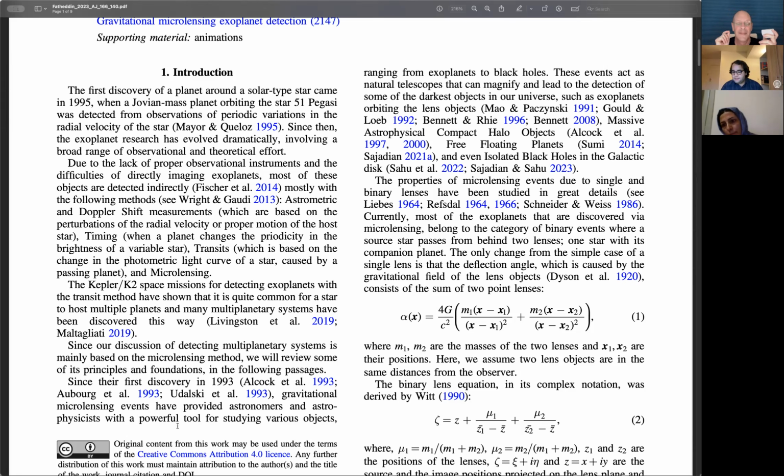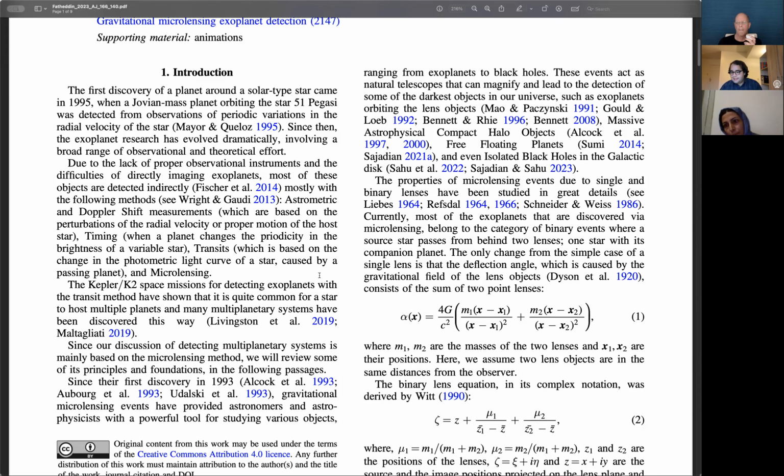So a multiplanetary system can consist of a minimum of 2 planets. And that's why we focus on the triple lens configurations of a planetary system in our microlensing simulations.